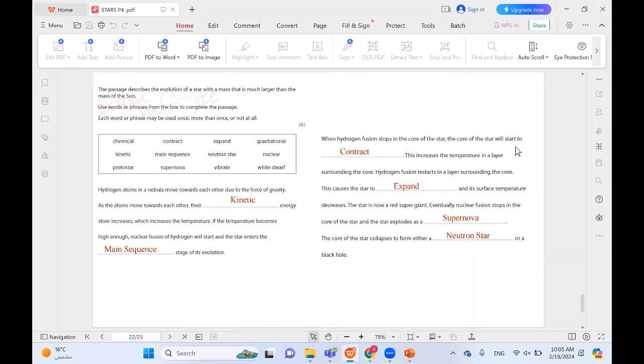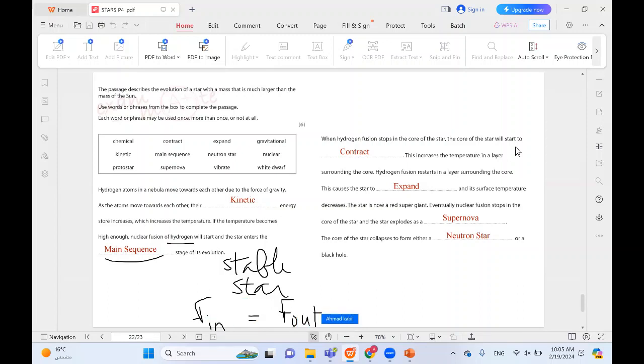Now, when the temperature is high enough, nuclear fusion of hydrogen will start, and stars enter the stable state, or what we call the main sequence stage of evolution. This is where it becomes a stable star, and we said that stable stars are characterized by a certain equation, F in equals F out, and we said that F in is due to gravity, and F out is due to high temperature.